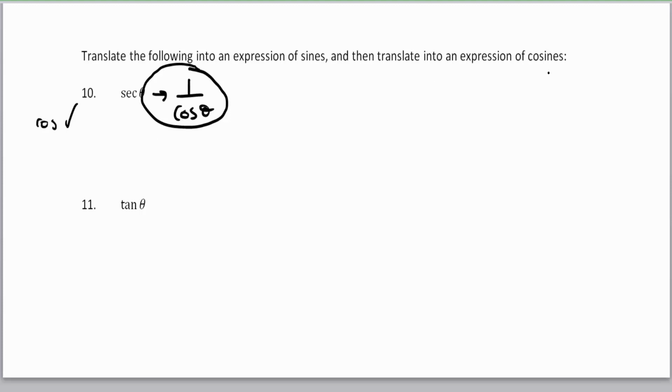One of the keys to doing this homework section is to remember that sine squared theta plus cosine squared theta is equal to 1. So if I have to convert this expression into an expression of sine, I can just isolate cosine here.